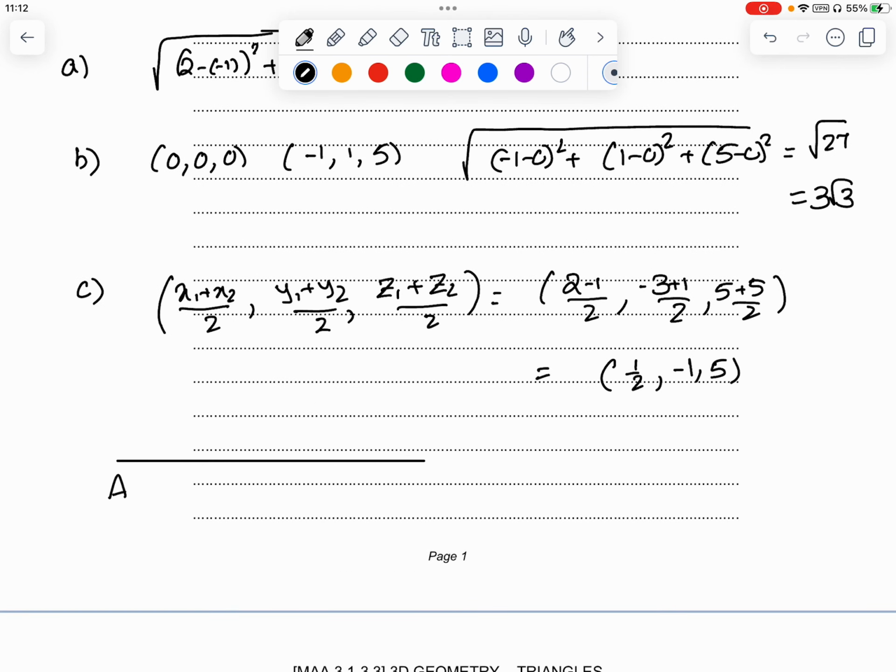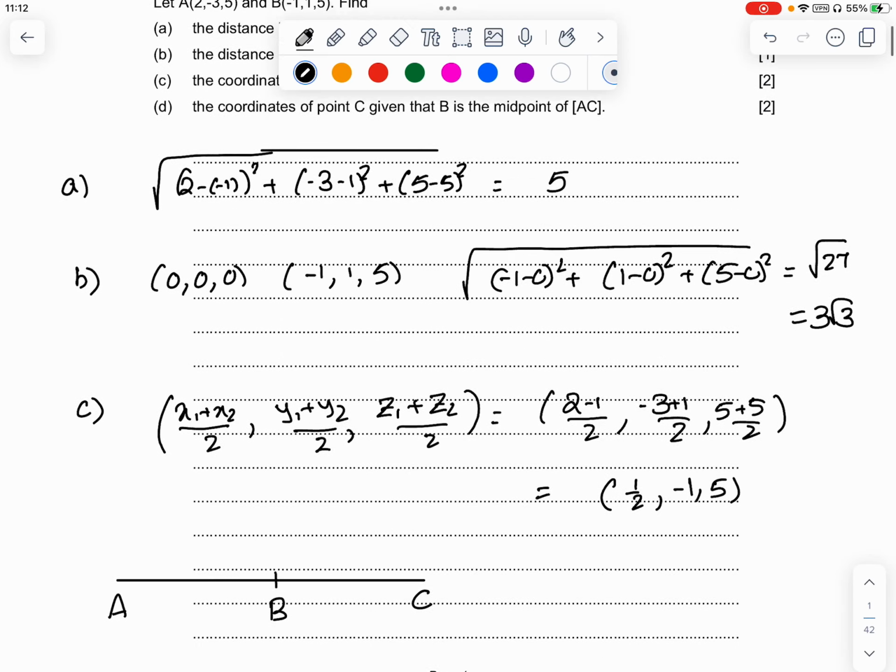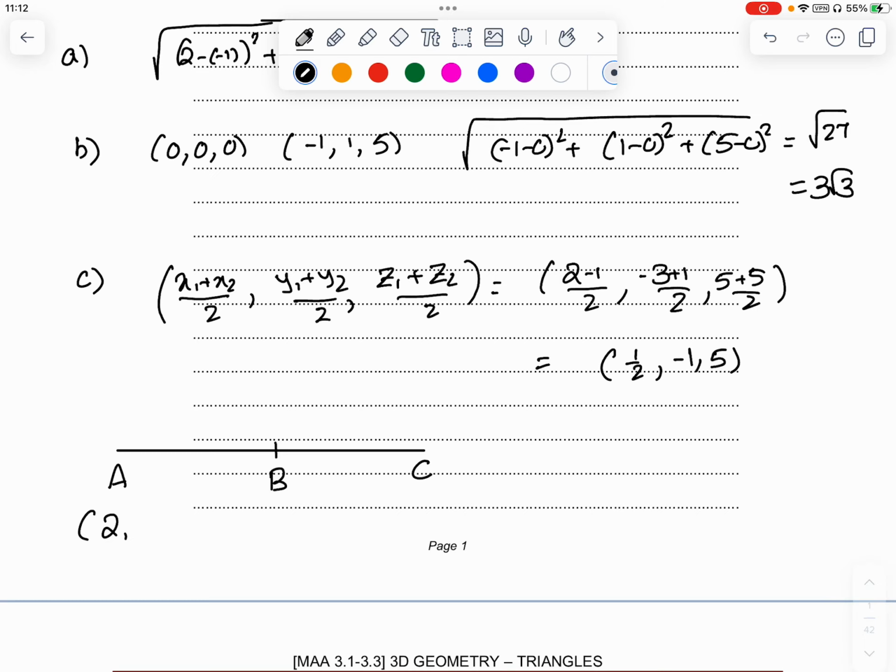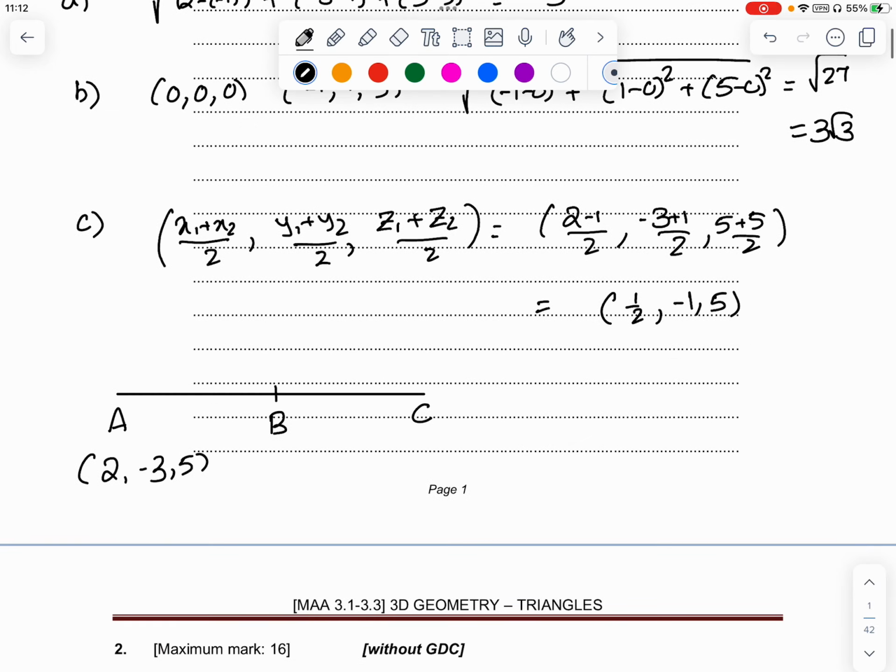Then the coordinates of point C, given that B is the midpoint of AC. So this is A, C, B is the midpoint. So what is A? 2, minus 3, 5. And B is minus 1, 1, 5. And C is X, Y, Z. So (X plus 2) upon 2 should be equal to negative 1. So X plus 2 equals negative 2. So X equals negative 4.